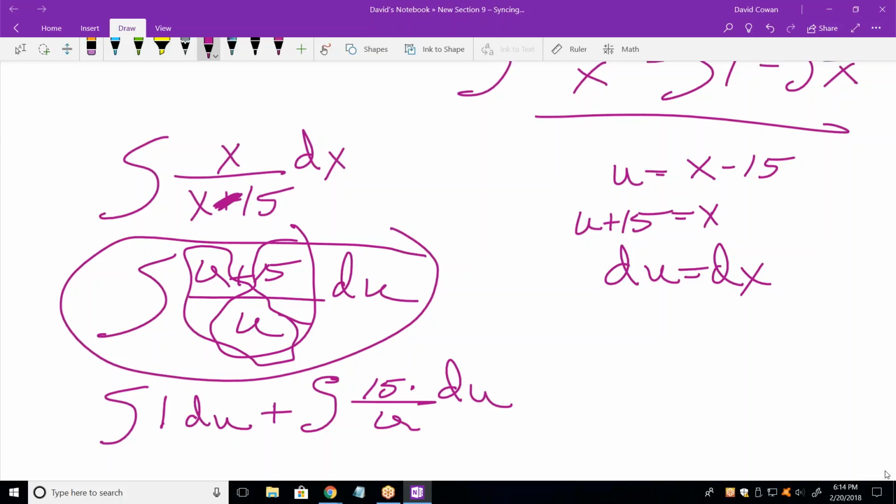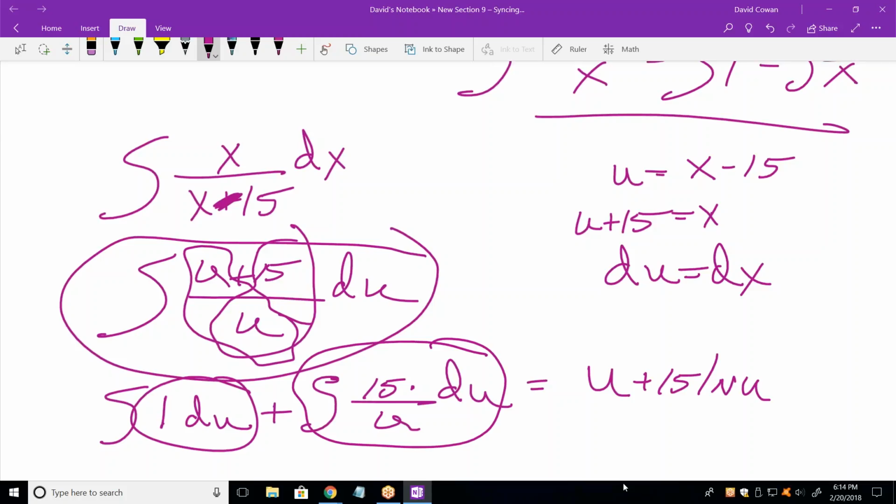That's equal to u, the integral of 1, plus 15 natural log of u, which is the integral of that, plus c.